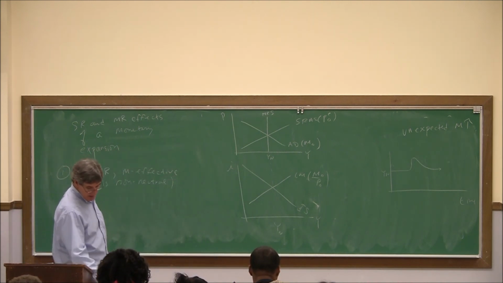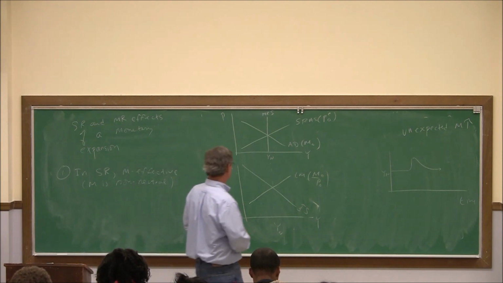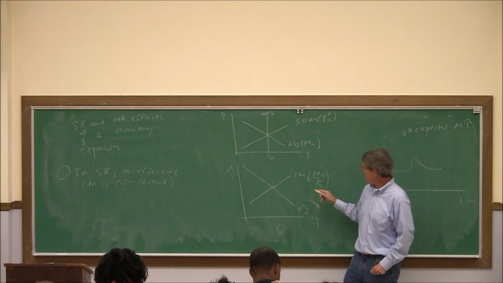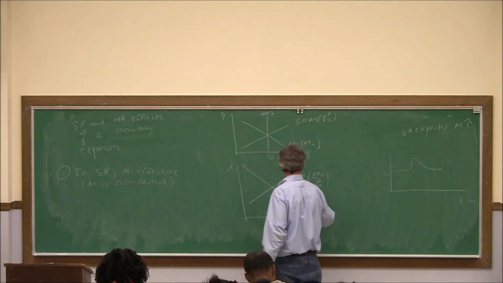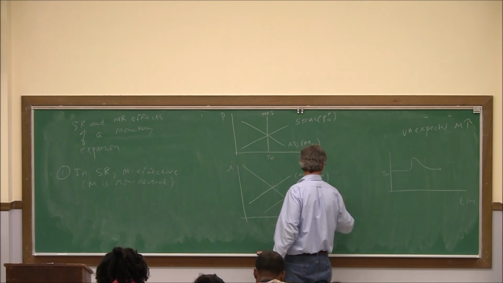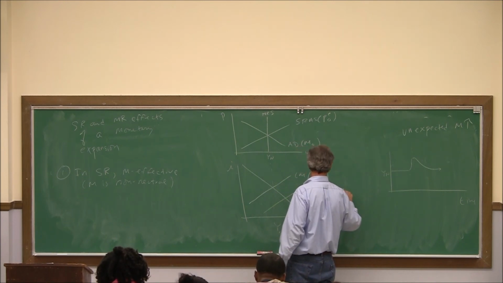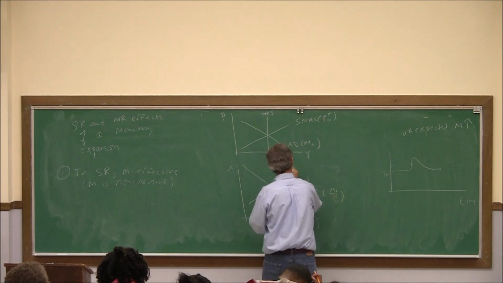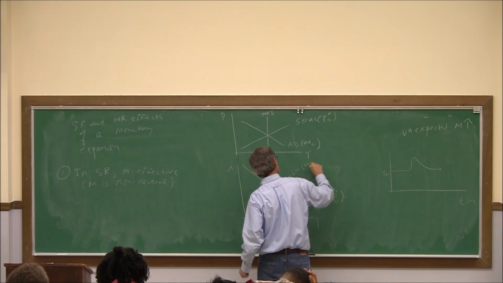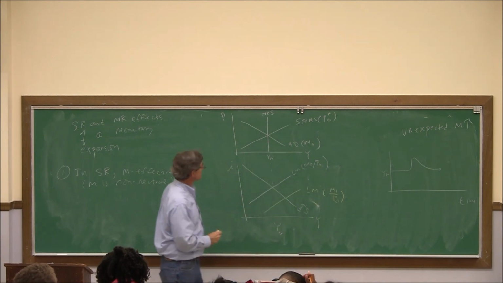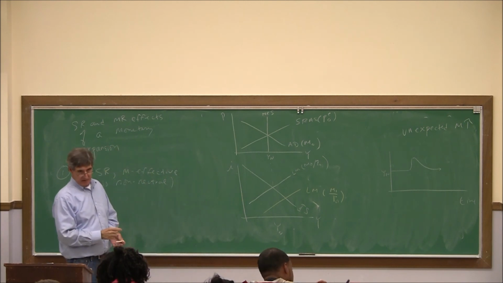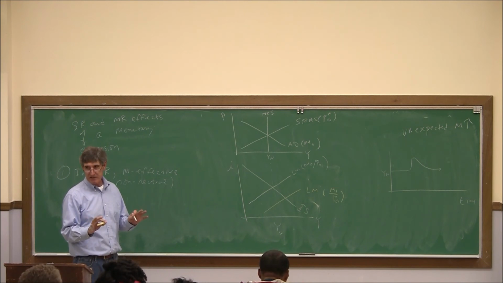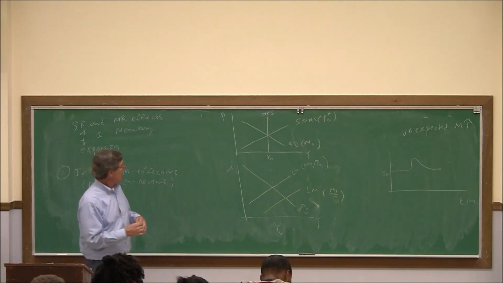So now, we'll just do it all over again. The way to do this is to first shift the LM curve down here. So shift the LM curve first. LM of M1 over P0. Now this is not an equilibrium point, this is just a how-do-I-graph-this-correctly point.